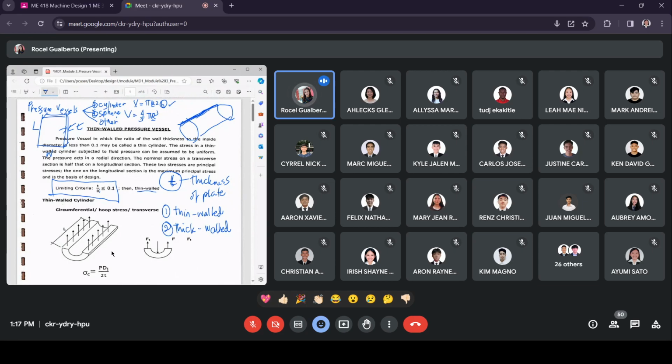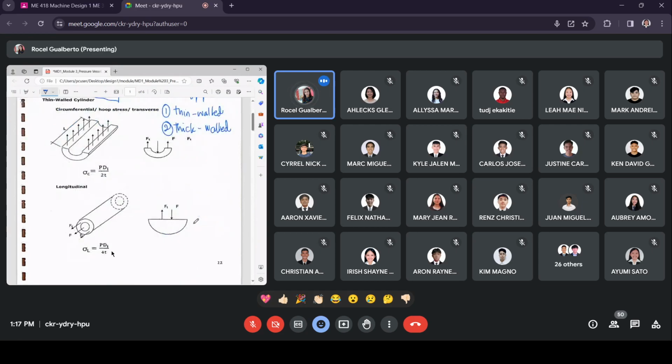It has something to do with the value of the stresses. Say for example, we take the cross section of a vessel. So this is the cross section of the vessel. This is the outside surface, and then this is the inside surface, for example.